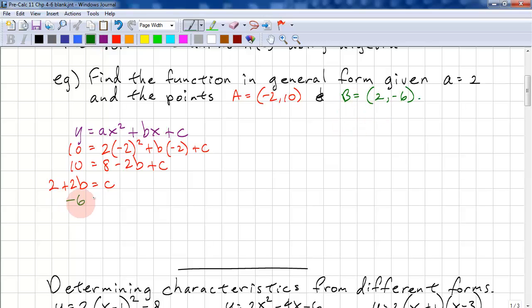We have negative 6 equals 2 times 2 squared plus b times 2 plus c. When we simplify, we get negative 6 is equal to 8 plus 2b plus c. Bring the 8 over to the other side and we have negative 14, and the 2b becomes negative 2b.